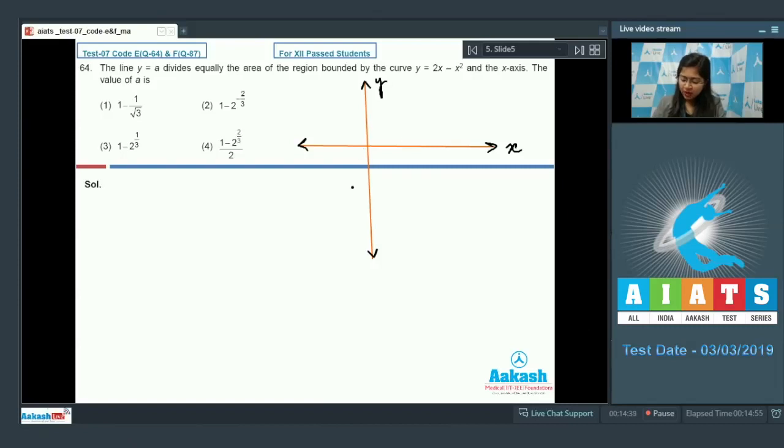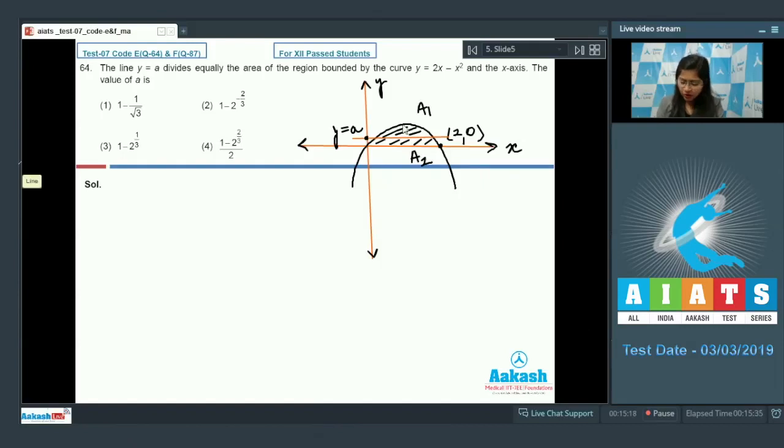So the graph would be something like this, a downward parabola, where this point is (2, 0). It has been given that here is a line, y equal to a, and it is dividing the area into two equal parts. That is, this area, let us say A1, is equal to this area, A2.